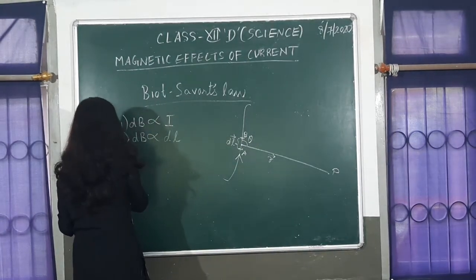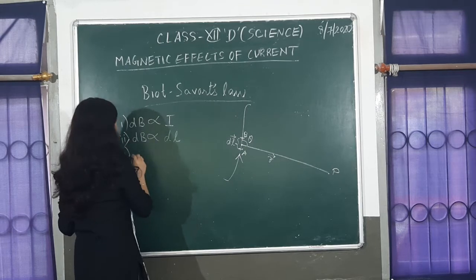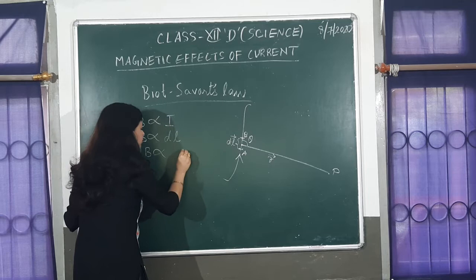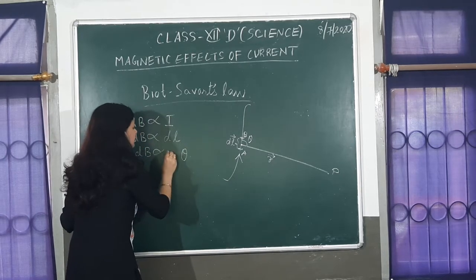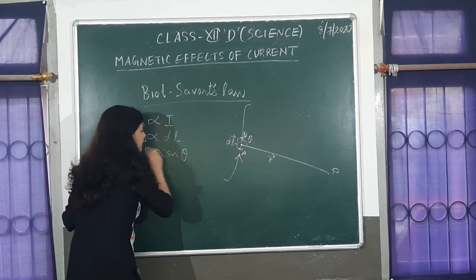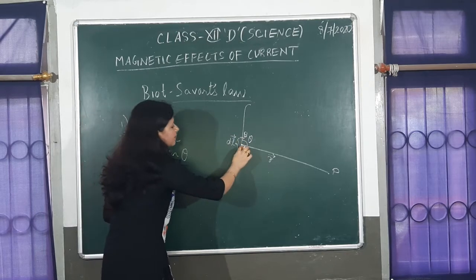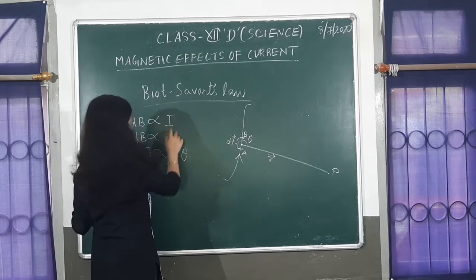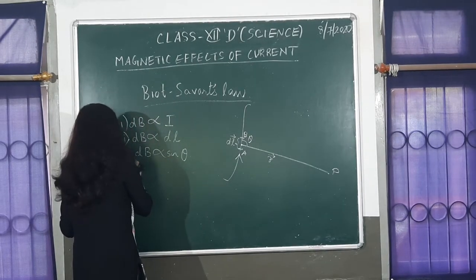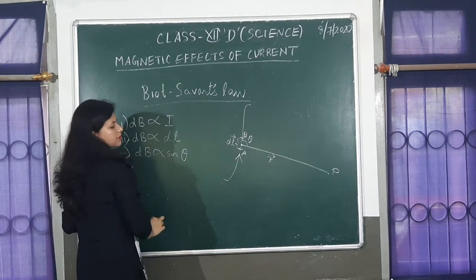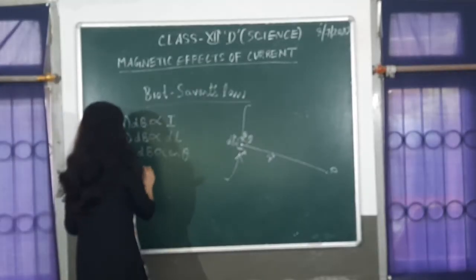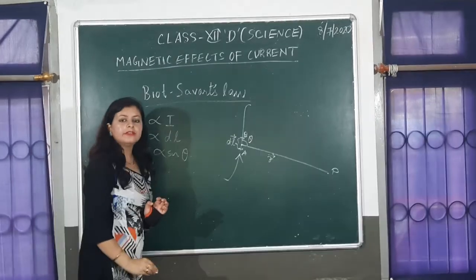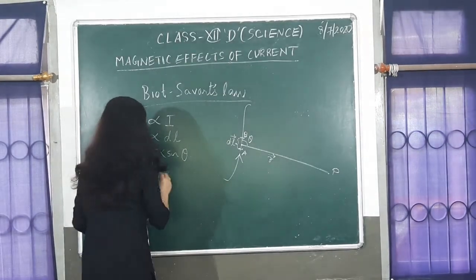Thirdly, we'll talk about the angle here. dB is proportional to the sine of the angle between this current element and the position vector r. These are the three factors which are all proportional. Now the fourth factor talks about the inverse square law in physics.